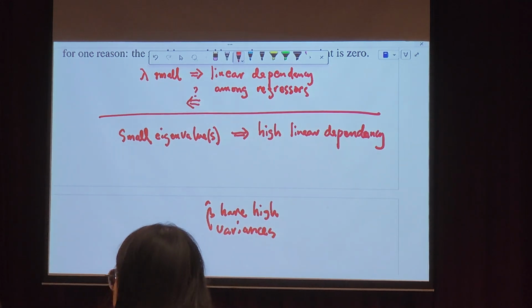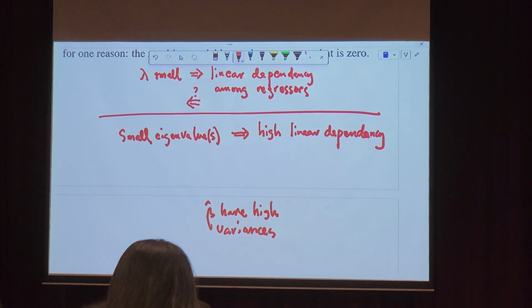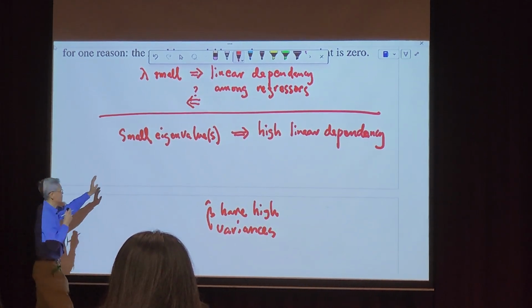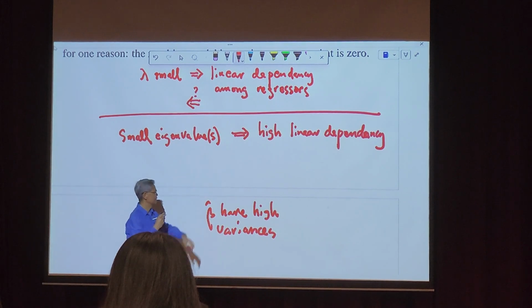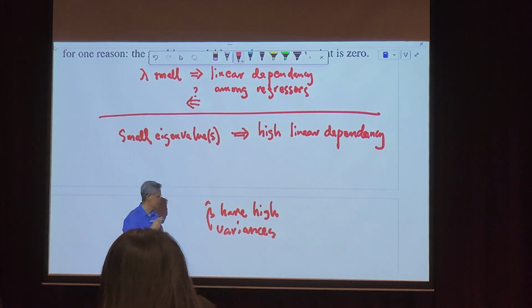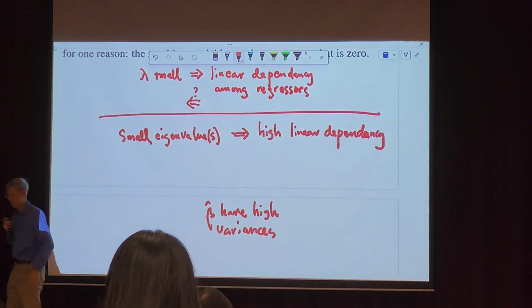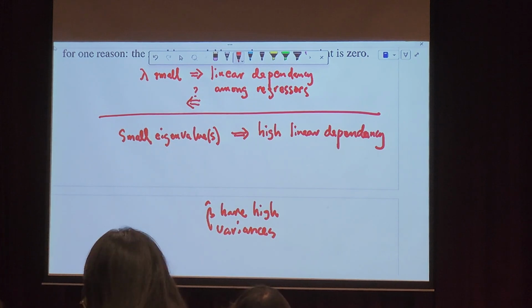Okay? So there are three things here. One is small eigenvalues, which means high dependency. And then there's this thing, the betas have high variances, so they are estimated poorly. So how are these three things related?